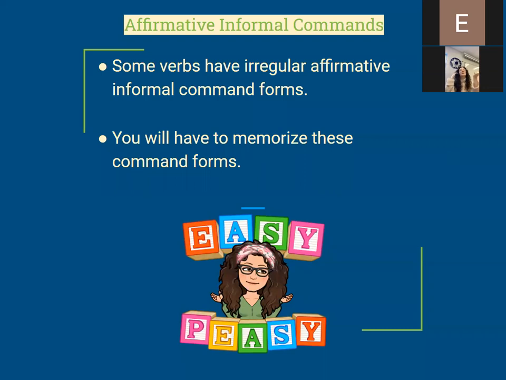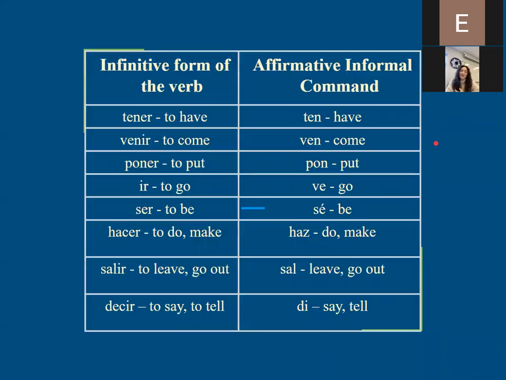Some verbs have irregular forms in informal affirmatives. So we do have to memorize them, but they are pretty simple compared to some of our other irregulars. So the irregular form of tener is ten. Venir would be ven.